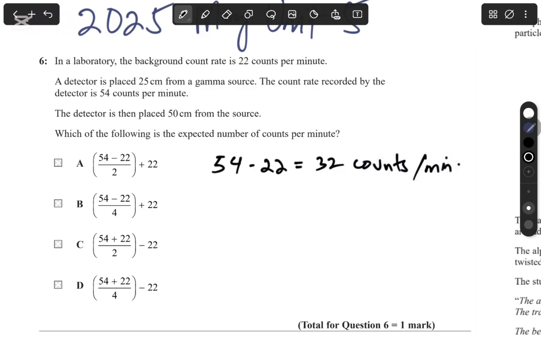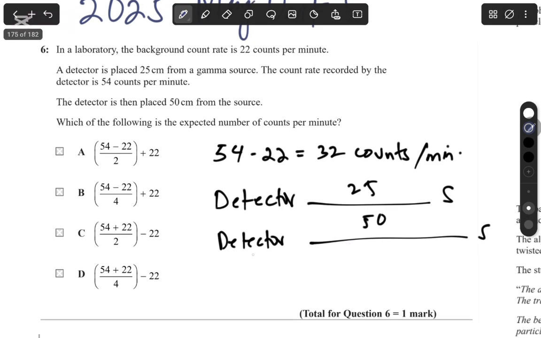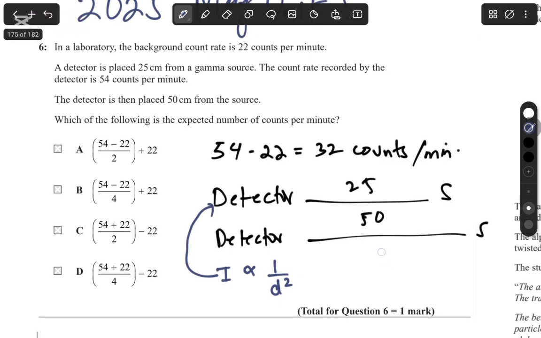Okay, and then the detector and the source, initially the distance between them is 25, and the distance becomes twice of what it was, so it becomes 50. Now, the reason they mention this is because you have to connect this with the intensity. So we know intensity is proportional to 1 by d squared. So in the first case, it was I directly proportional to 1 by d squared.